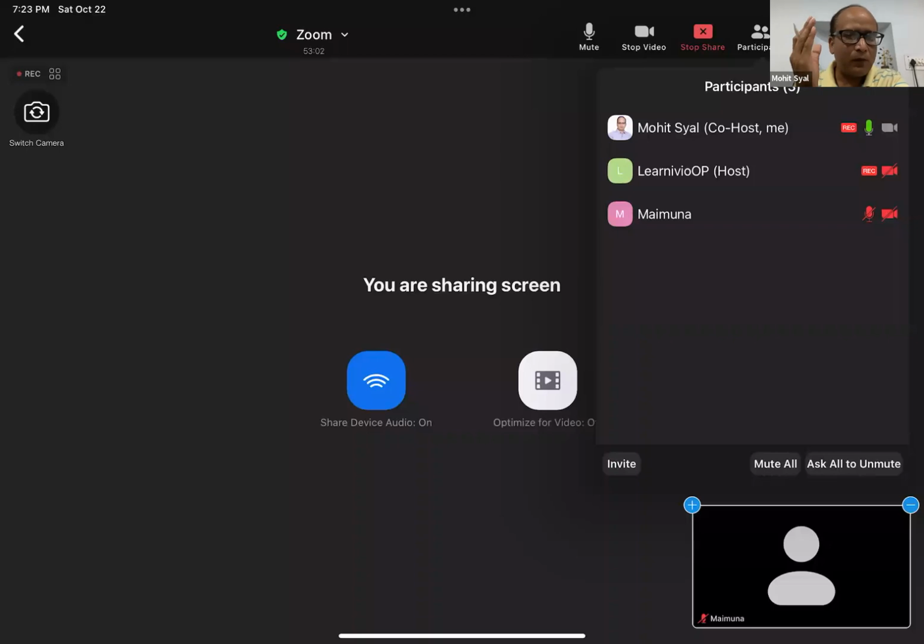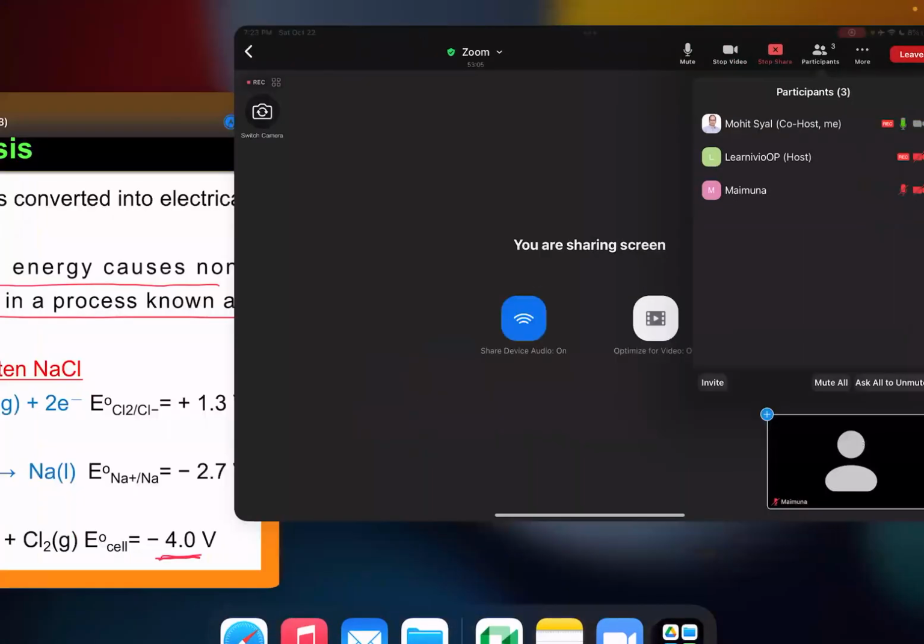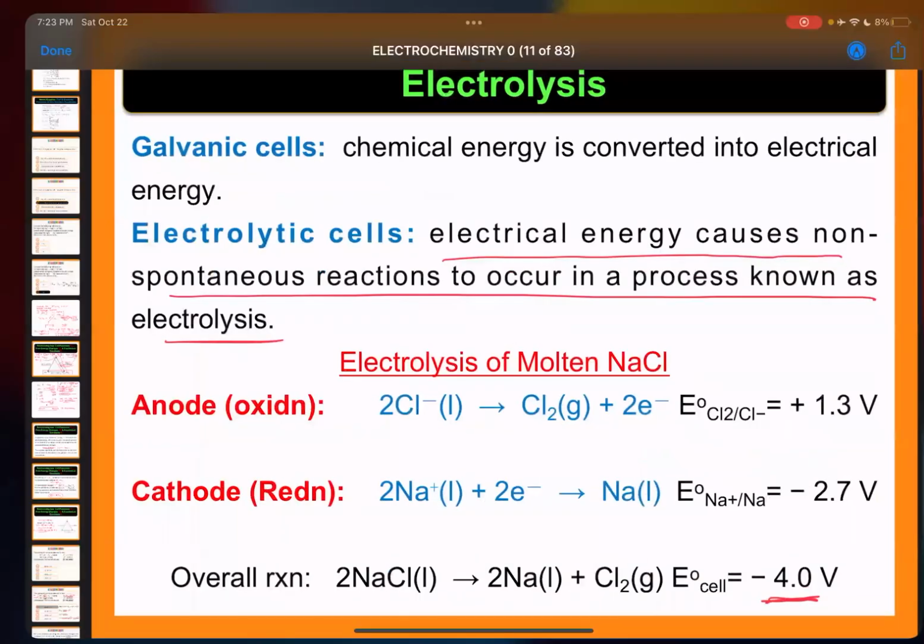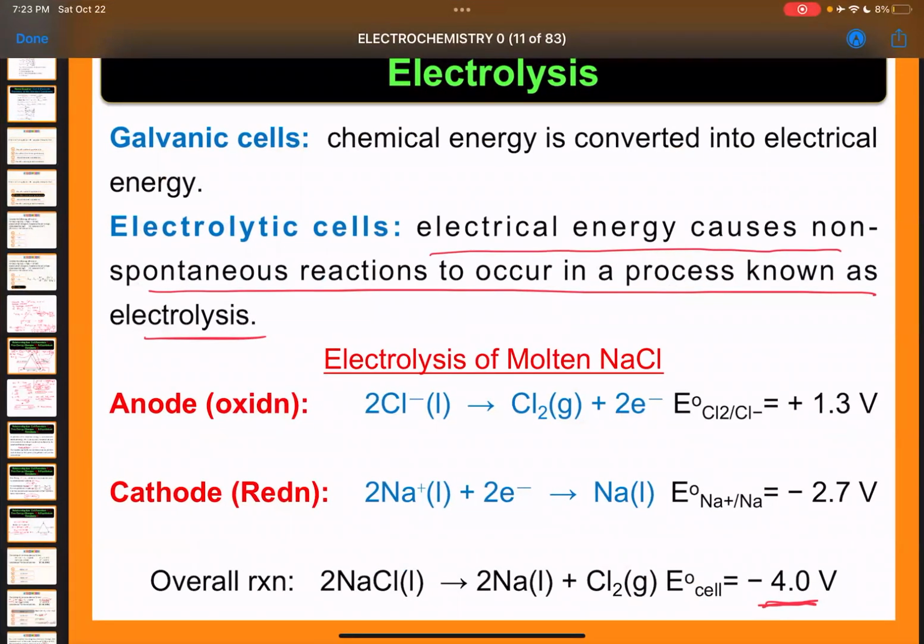But why will someone waste electrical energy to do a non-spontaneous reaction? What's the reason? So electrical energy will be consumed. But why will someone put electrical energy to carry out these non-spontaneous reactions?